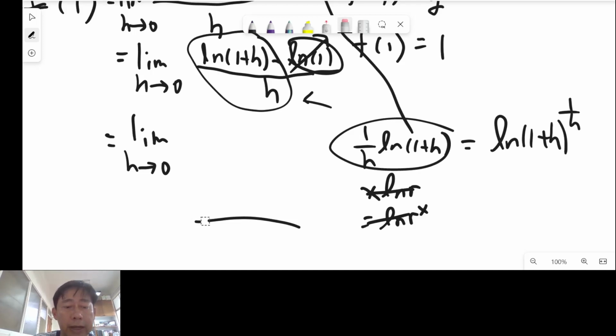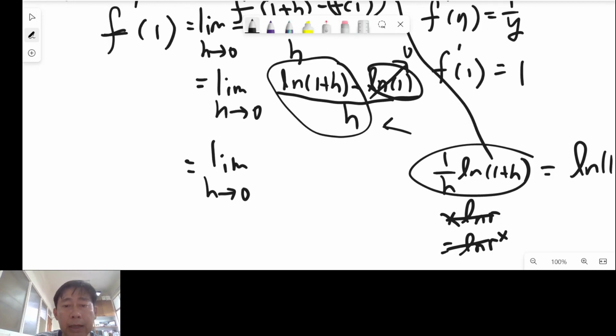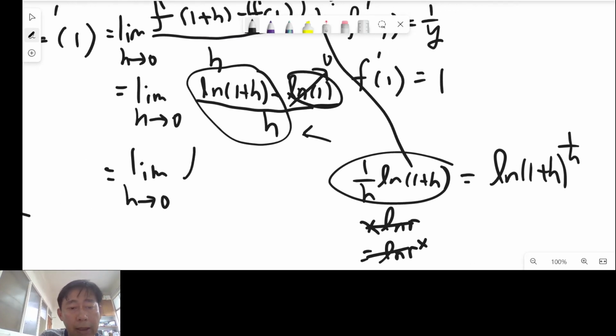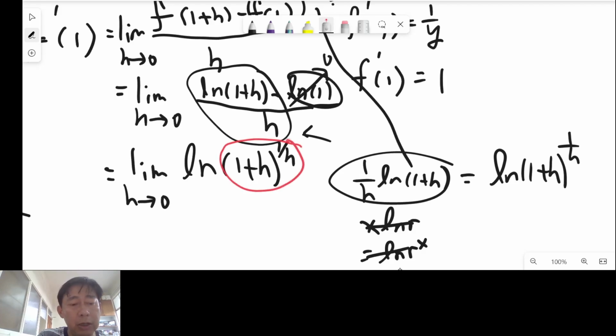Okay, so that is what I'm going to write for the next line. This would then be equal to ln of 1 plus h raised to the power of 1 over h, and then I'm going to take the limit of the log of this expression by shrinking h to 0.